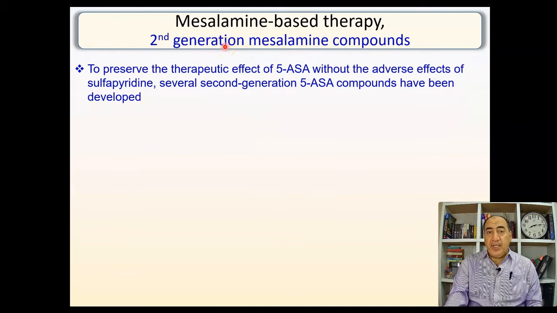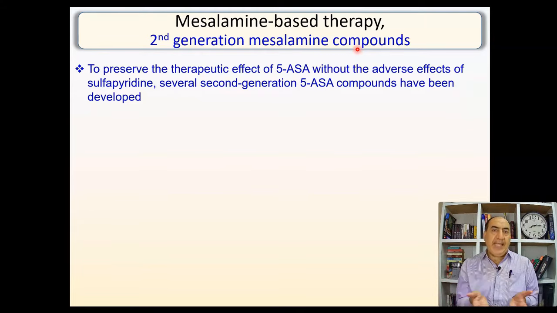The second generation mesalamine compounds. Now we have a good thing and a bad thing in sulfasalazine. We achieved the targeting, the carrying of this 5-ASA until the distal GIT. We succeeded in that. But we have the sulfapyridine, which is responsible for many of the side effects.